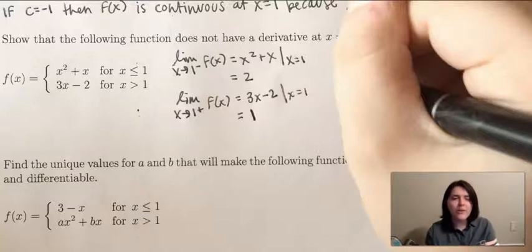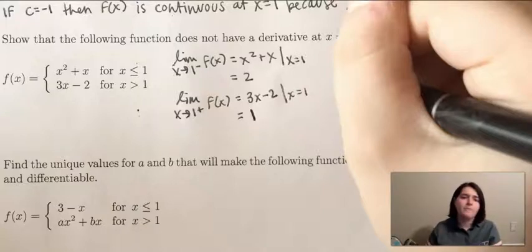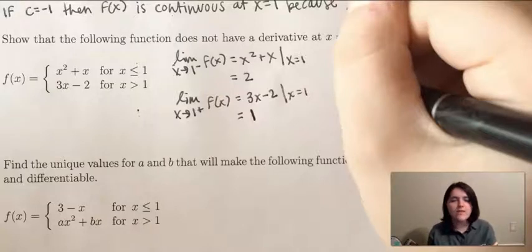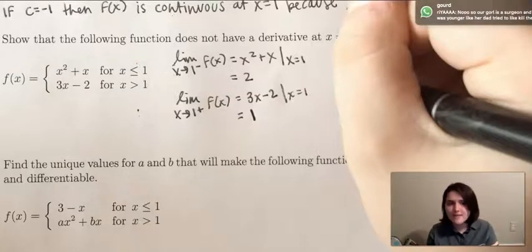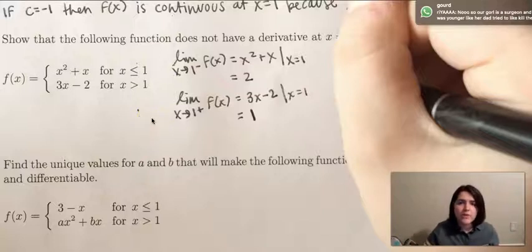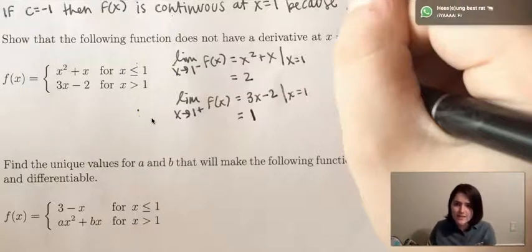So if we want to figure out how the function does not have a derivative, then we need to show that the function is not differentiable. And if it's not differentiable, then it can't be continuous. So in this case, since we have here the setup for continuity, then we want to show that the derivative is not continuous.